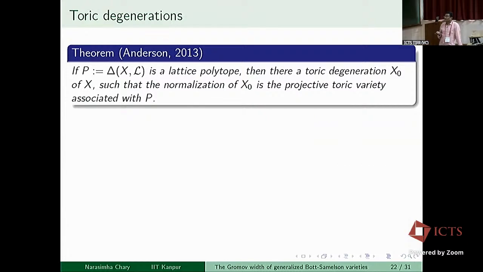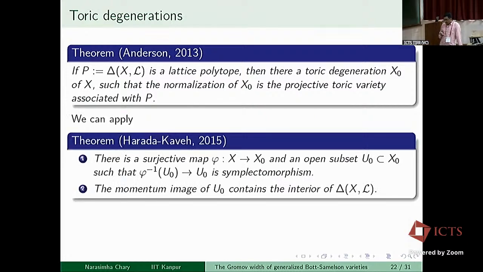And we have another result of Harada and Kaveh. Suppose you have a toric degeneration. Then there exists a surjective map from your variety to the toric limit, such that an open set is mapped to an open set by a symplectic morphism. Also, the momentum image of this open set U contains the interior of the polytope.